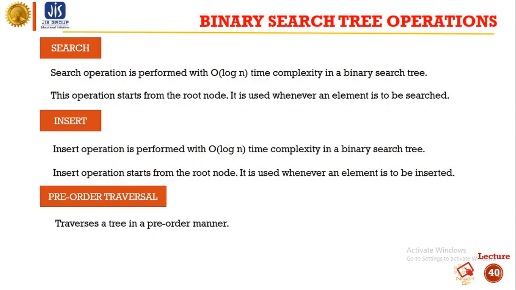So search operation in a binary search tree will be very similar. Let's say we want to search for a number. We will start at the root and compare the value to be searched with the value of the root. If it is equal, we are done with the search.